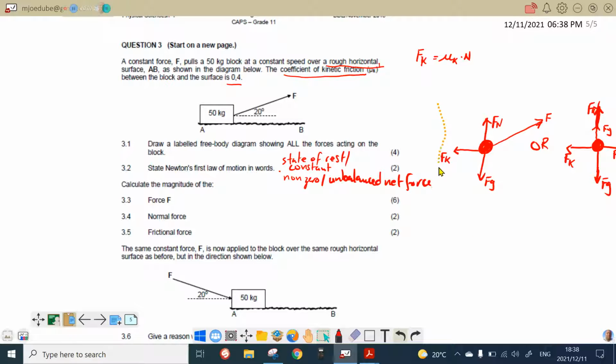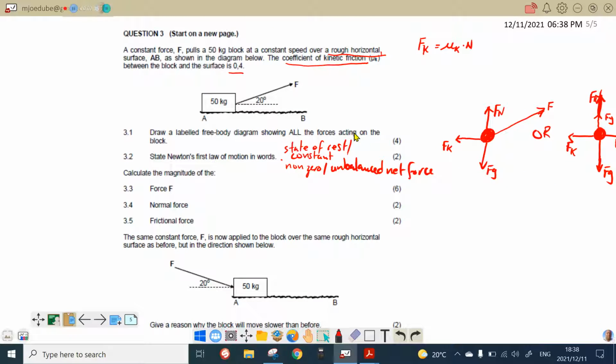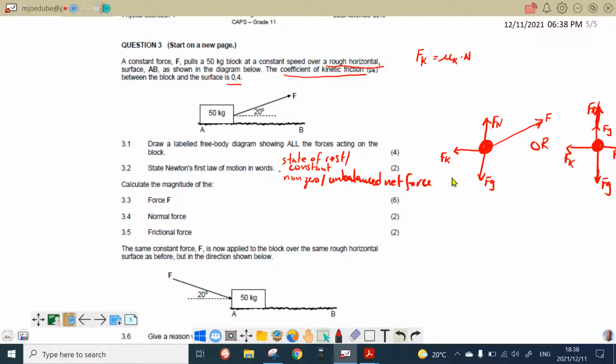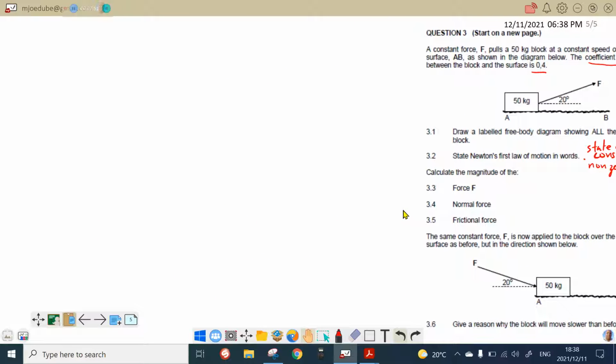So it's this, right? Control C, and then I'll just place this here.